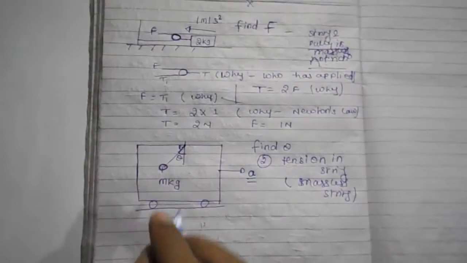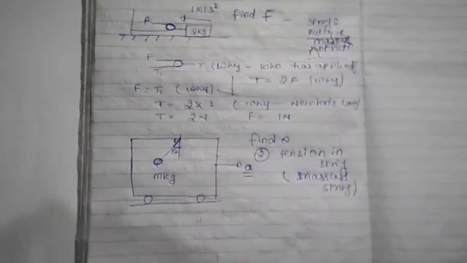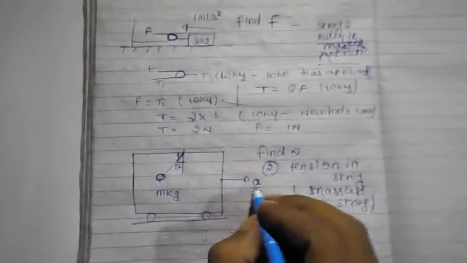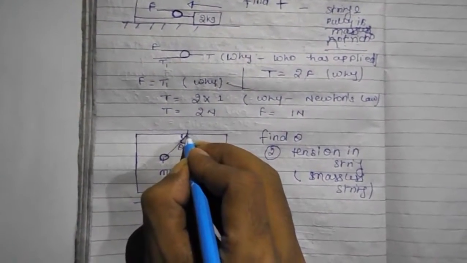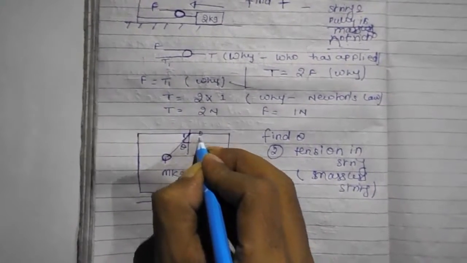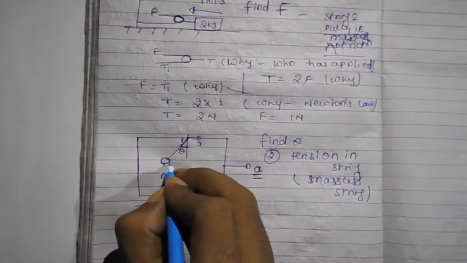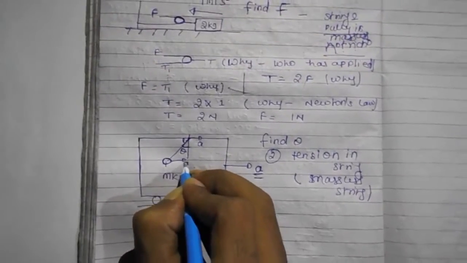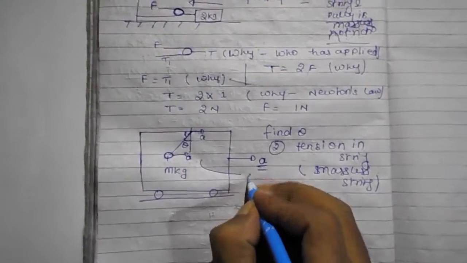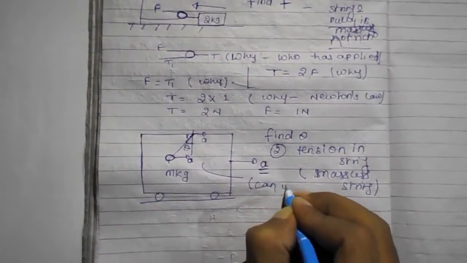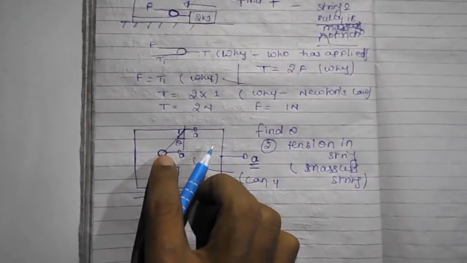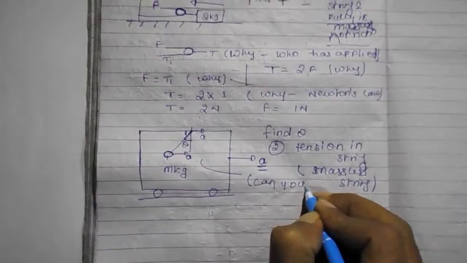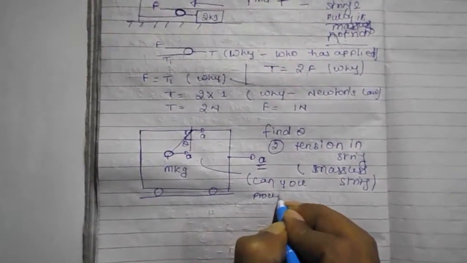First thing: if this car is accelerating with a, what is the acceleration of this point? It will be in this direction, an acceleration of a. Can you tell me why? If the acceleration of this car is a, then the acceleration of this bob would be a. Can you prove it with geometry?